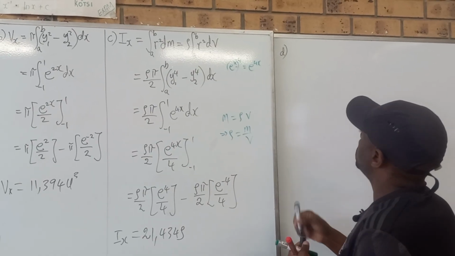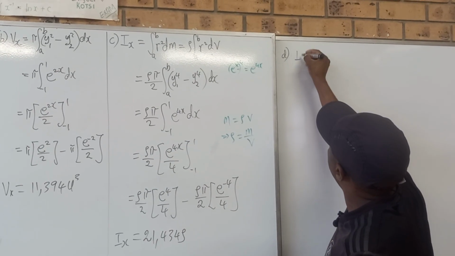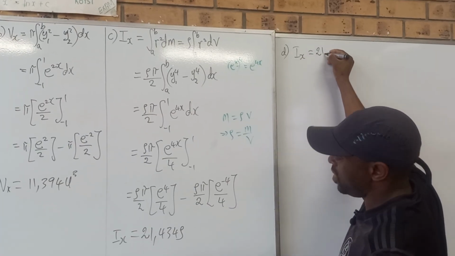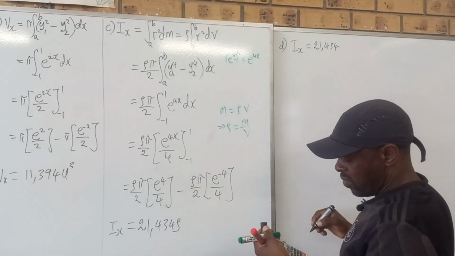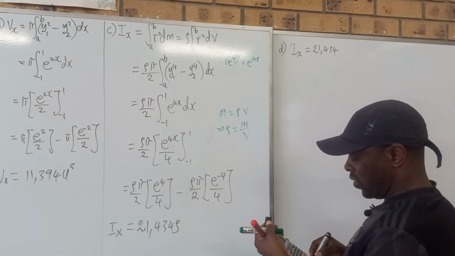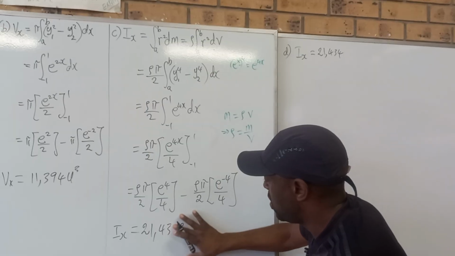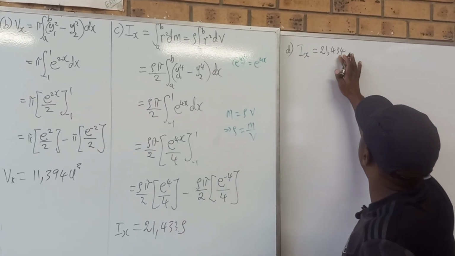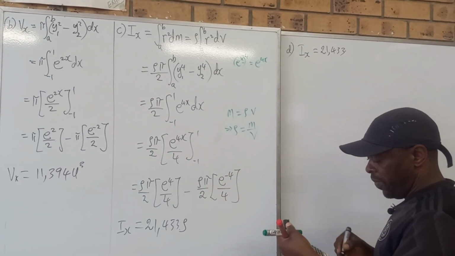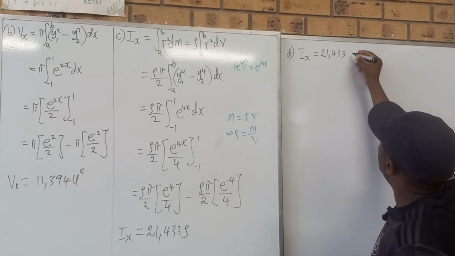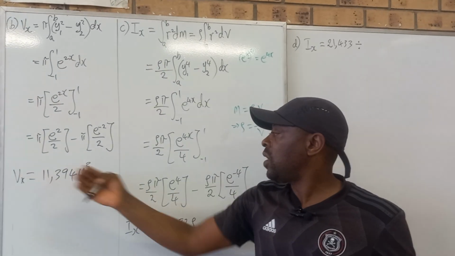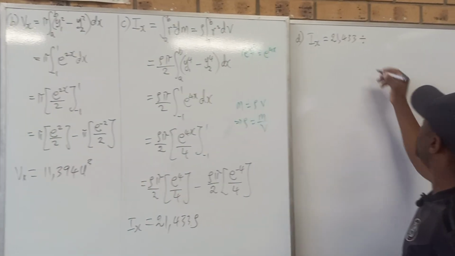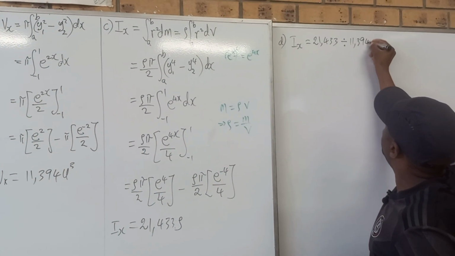So what I will simply do is that I will copy that moment of inertia, which is 21,434. Yeah, that's what supposed to be 433. So I didn't capture it in the calculator. Well, it's 433. Then what do I do? I divide this answer by my volume. My volume was 11,394.